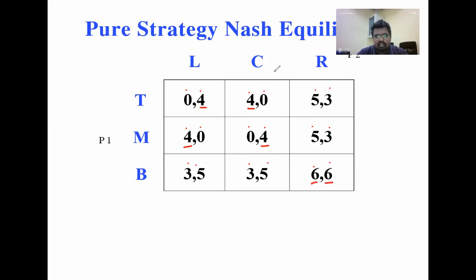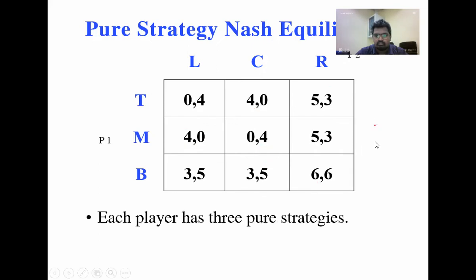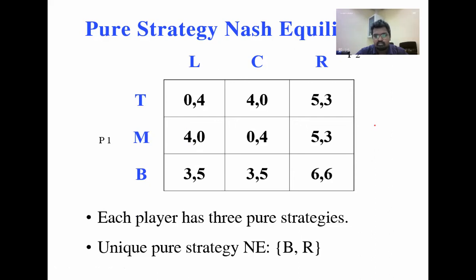We'll say it in that direction: first for player 1 B and then for player 2 R. So our strategy profile is going to be BR, which provides us 6 and 6, and that will be the equilibrium for the players. Right? So there you are. Now you are on the correct path.